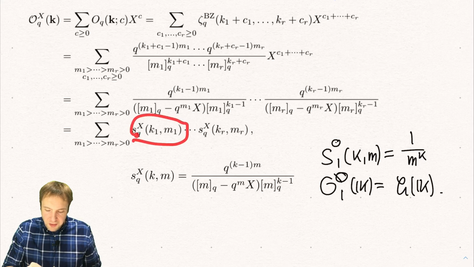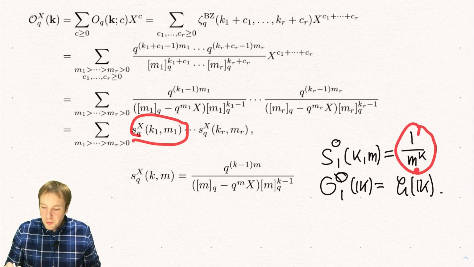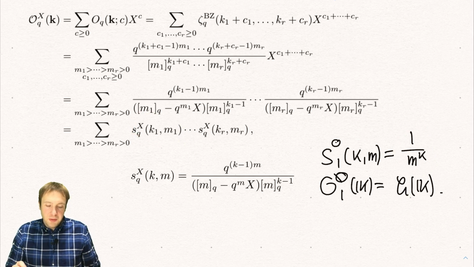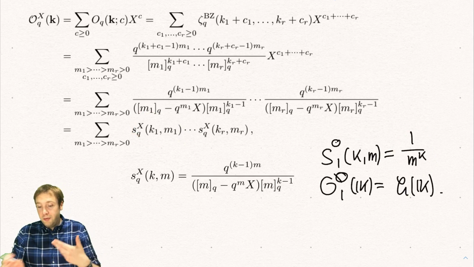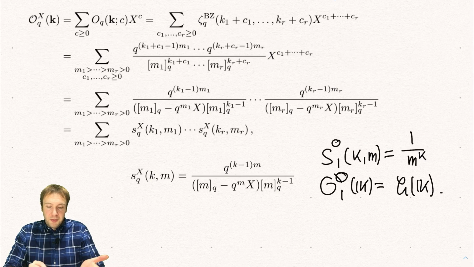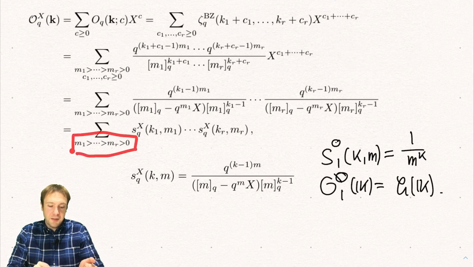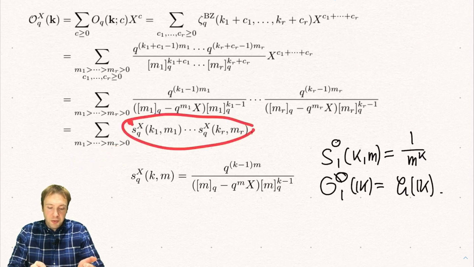So these things are somehow the analog of 1 over m to the k, and therefore we now want to find the right connected sum. So the main idea is, of course, we replace this single sum here by a double sum, where you also have n1 greater than n2 up to ns, and also takes these s, but we need a connector.